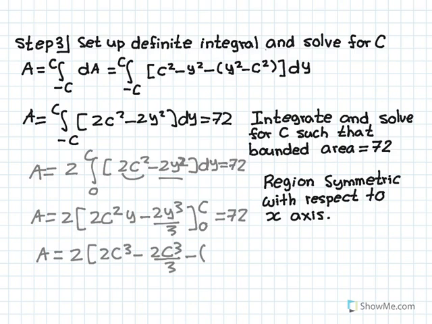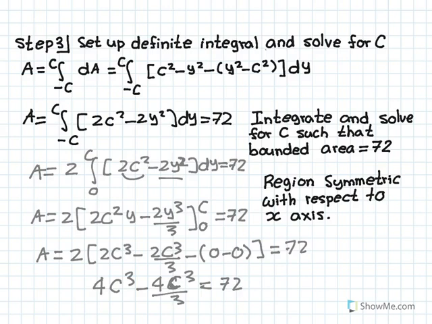Now plug the lower limit in, we get 2c squared times 0, that's just 0, minus 2 over 3 times 0 cubed, that's 0 again. If we simplify this and make it equal to 72, we get 4c cubed minus 4c cubed over 3 is equal to 72. We'll solve it on the next page.